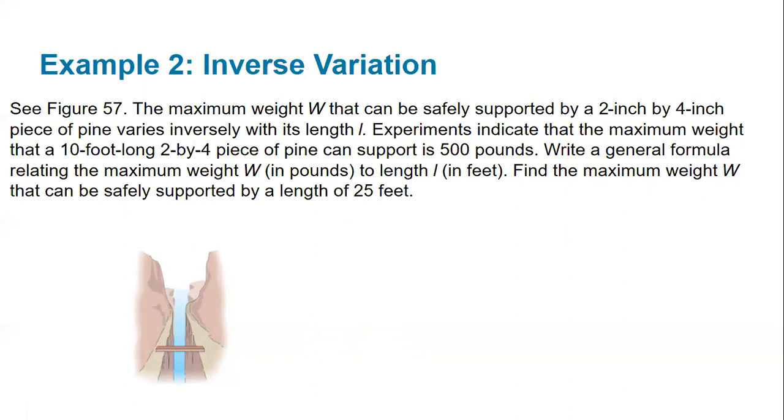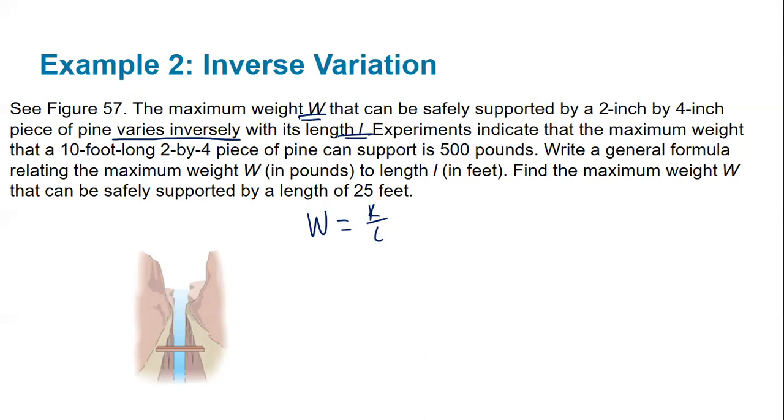So taking apart what we just read, it says maximum weight varies inversely with the length. Do we see that? So therefore, my setup would be W equals K divided by L, because it varies inversely.